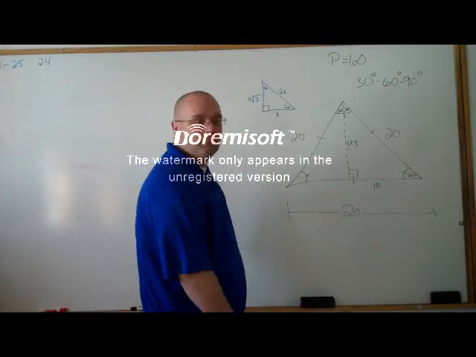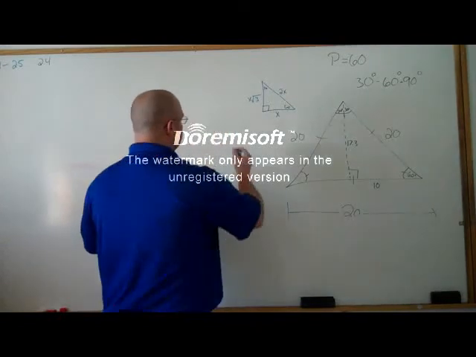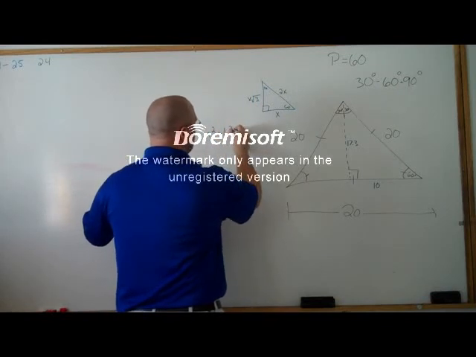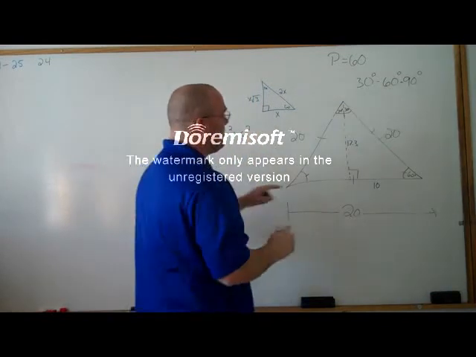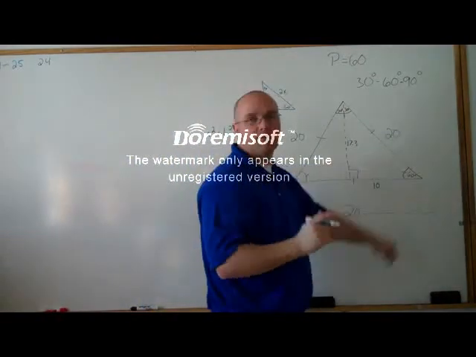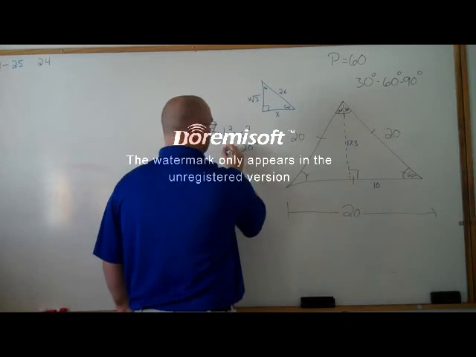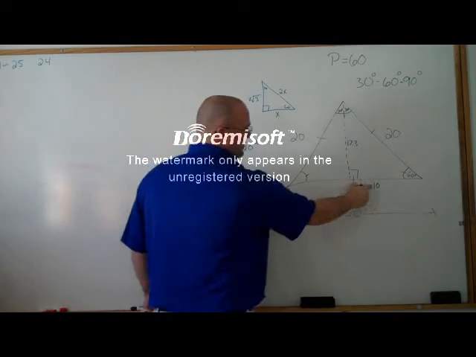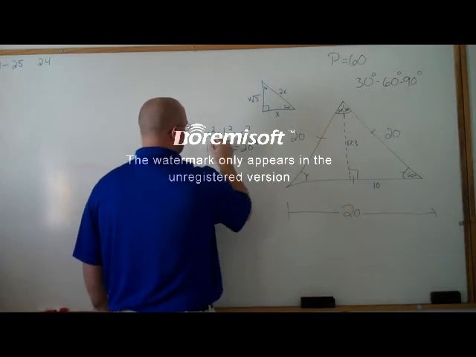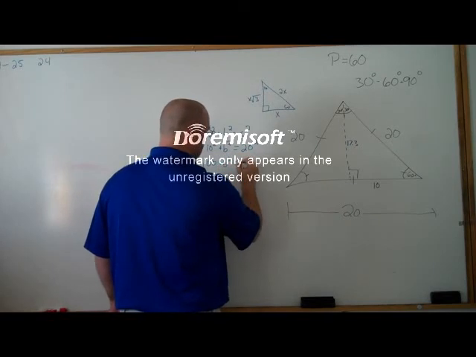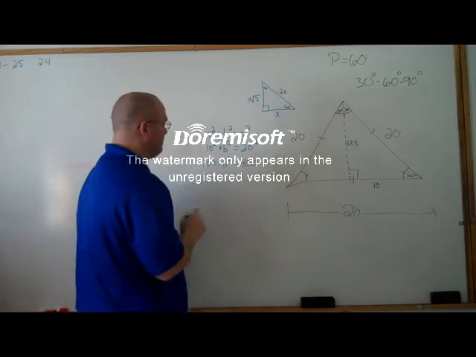Let's check. All right. We know a squared plus b squared equals c squared. We know this side is 20. That's our hypotenuse, so that's our c squared. 20 squared equals b squared plus 10 squared. 100 plus b squared equals 400.